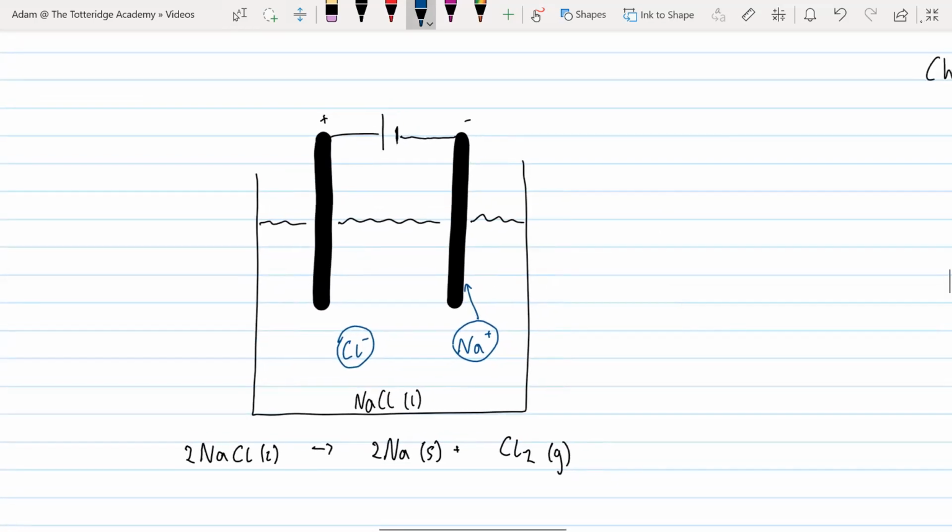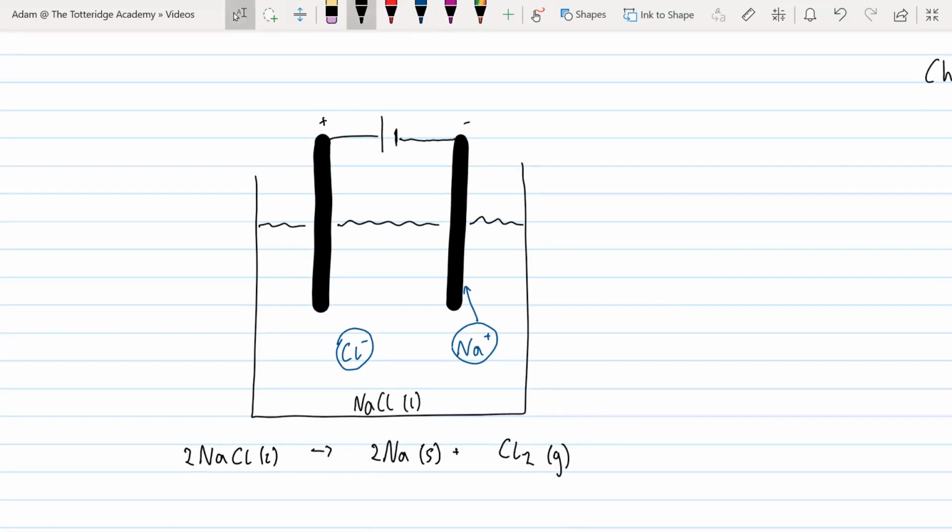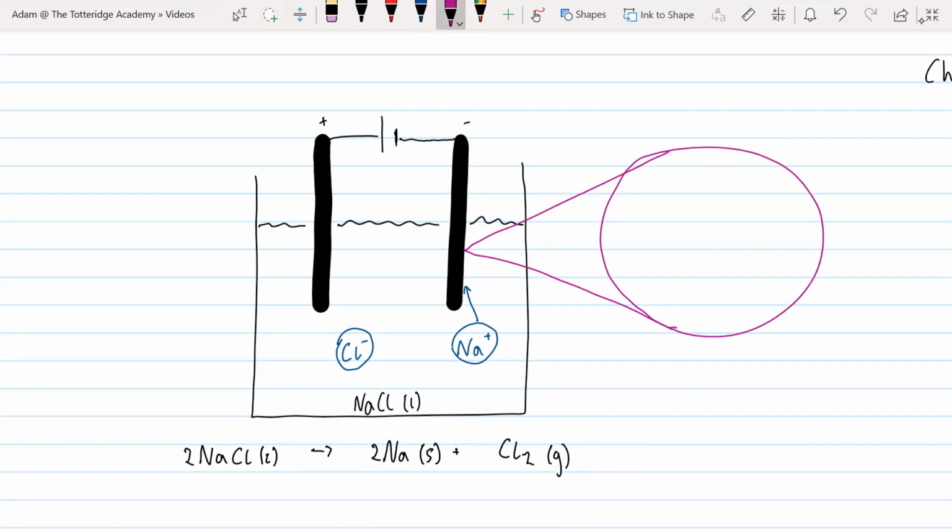What is going to happen at that electrode? Now, what I want to do is zoom in. We'll do this in purple. I want to zoom in on what the surface of this electrode looks like. So over here, I've got the electrode, and on the outside, I've got my Na plus. Now, a negative electrode has loads of excess, loads of extra electrons.